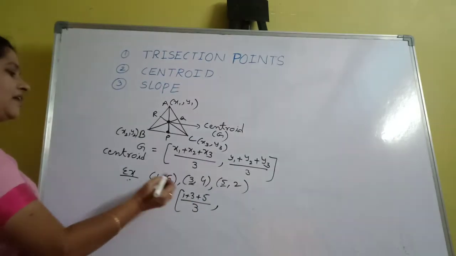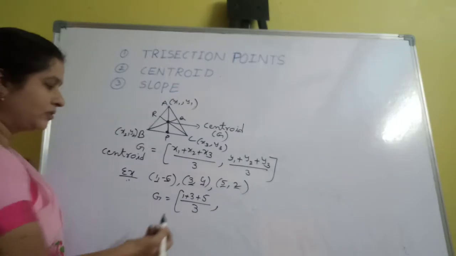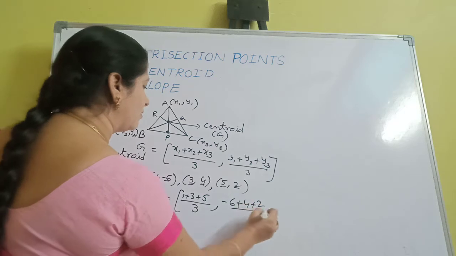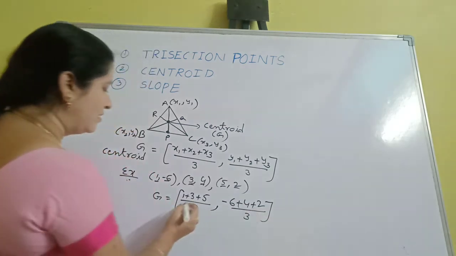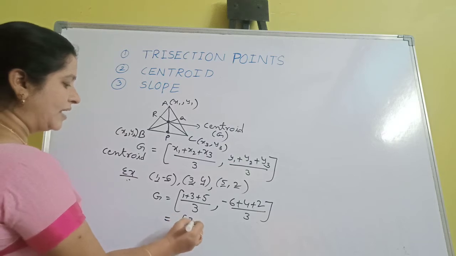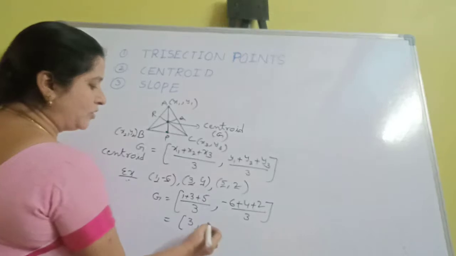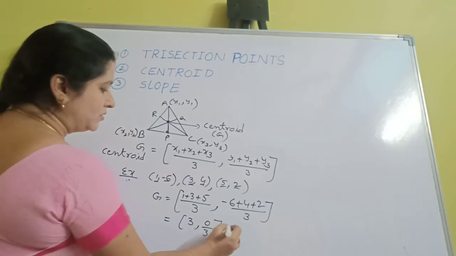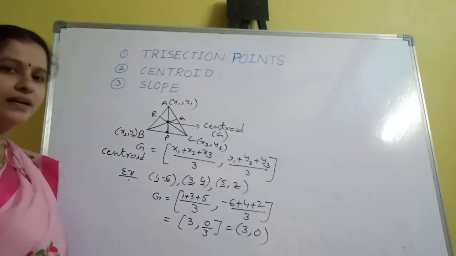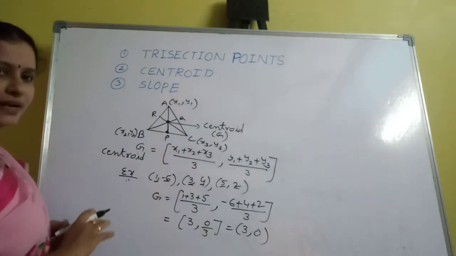Again y coordinates: y1 minus 6, y2 4, y3 2, so (minus 6 plus 4 plus 2) by 3. So 9 by 3 is nothing but 3, and minus 6 plus 6 is 0, by 3 is 0. So the centroid value is (3, 0). This is the process of finding the centroid.